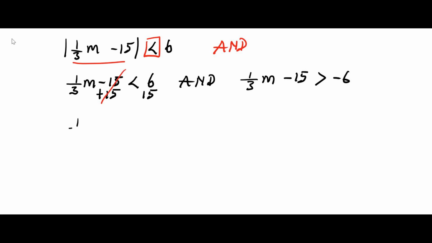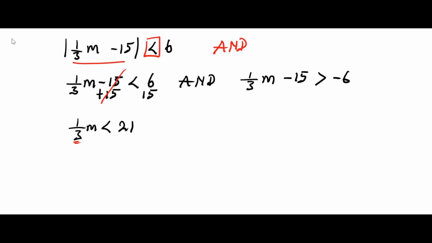So 1/3 m is less than 6 plus 15, which is 21. So now, because we have 3 over here, you can cross multiply or multiply both sides by 3.